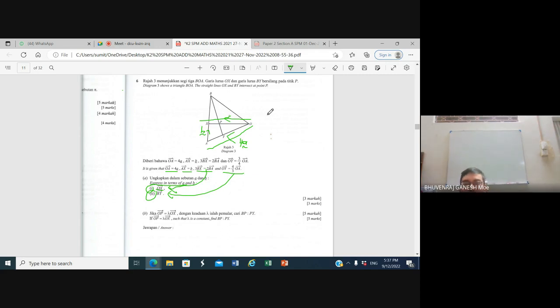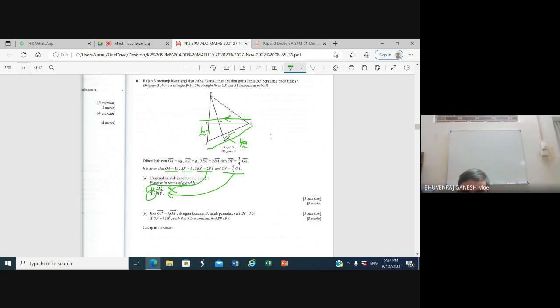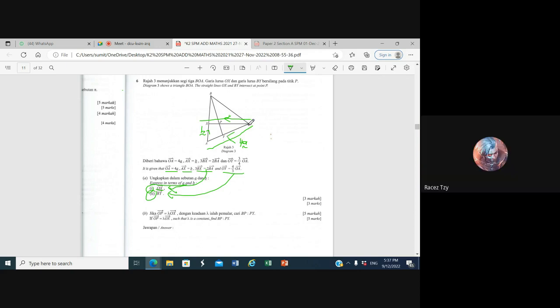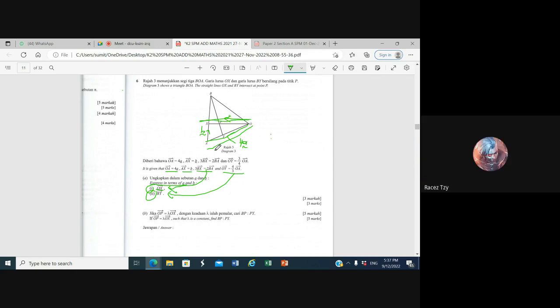Try to get the idea. OA first. You want to find OX.